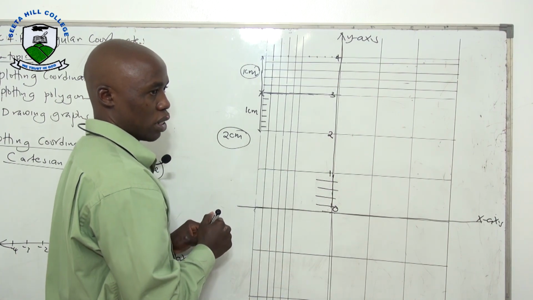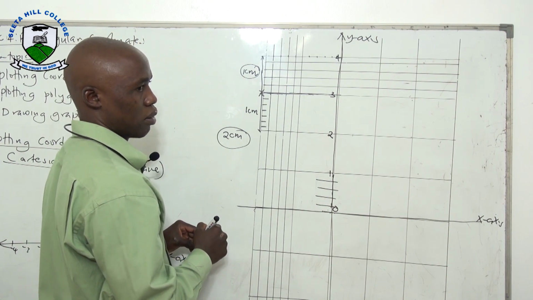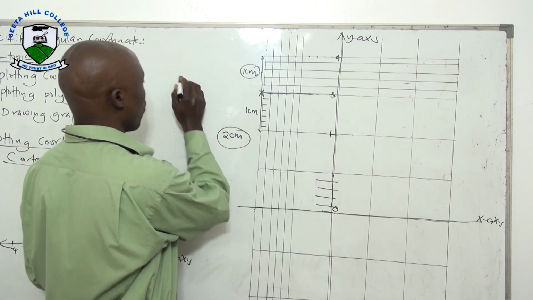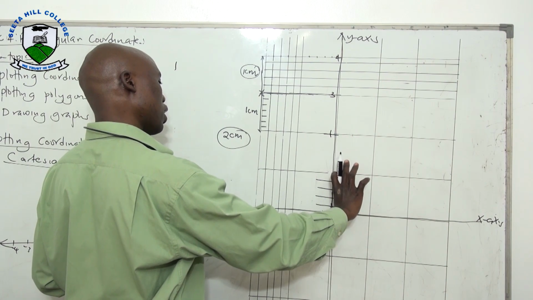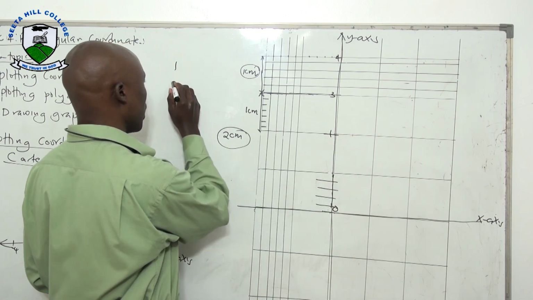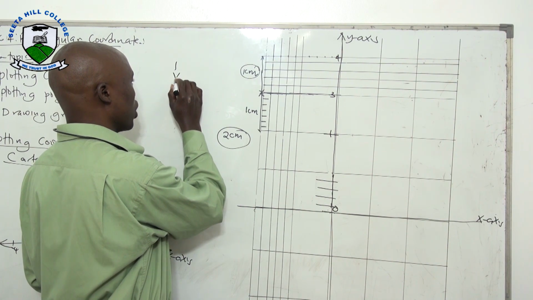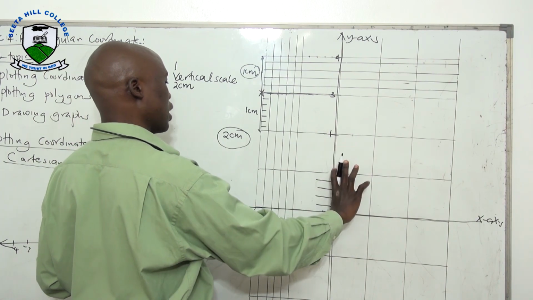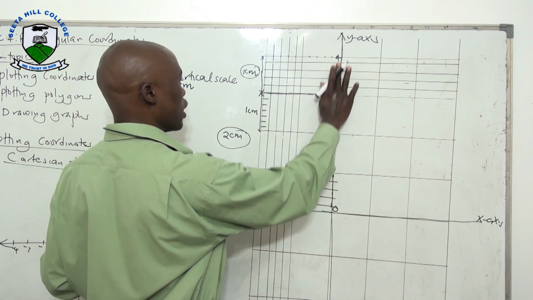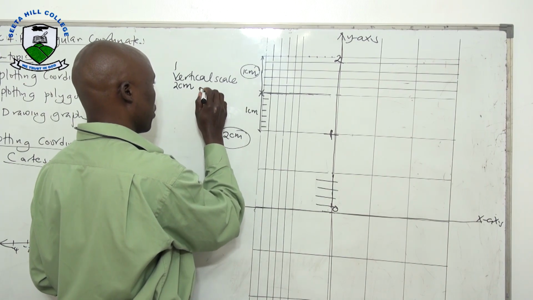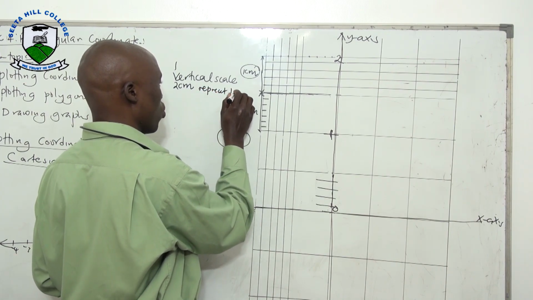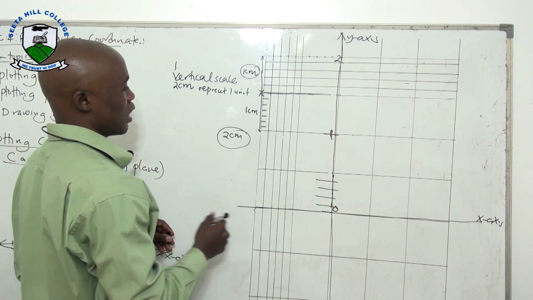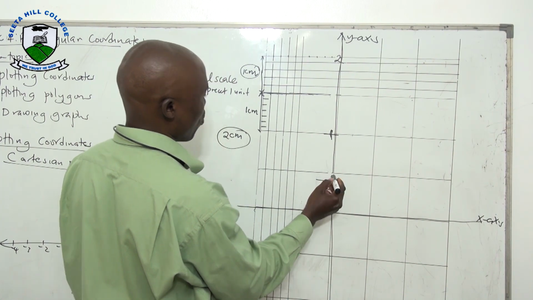If you happen to put 1 here, then these are now 2 centimeters. The vertical scale would be 2 centimeters for every 1 unit.